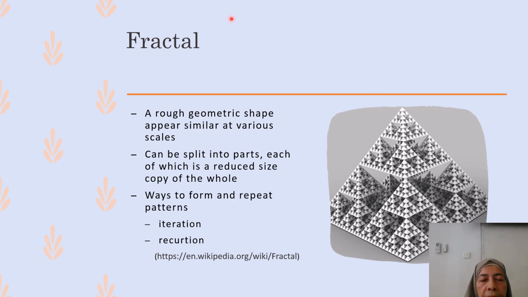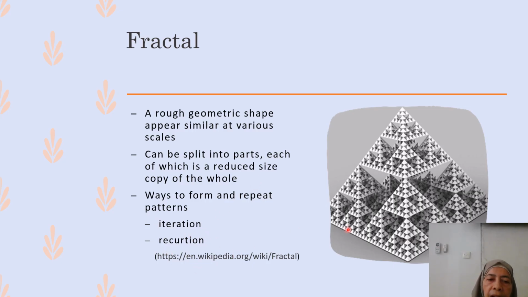Another method that we will use here is also fractal. A fractal is a rough geometric shape that appears similar at various scales. For example, like the picture you see on the right side, it can be split into parts with the size reduced, but the shape is still the same as the original one.